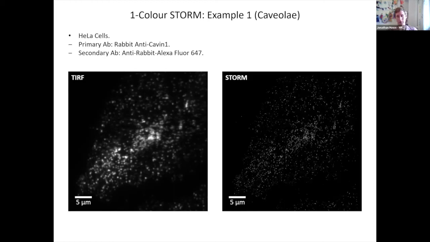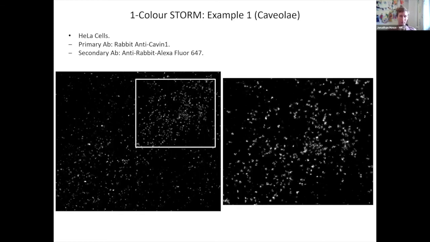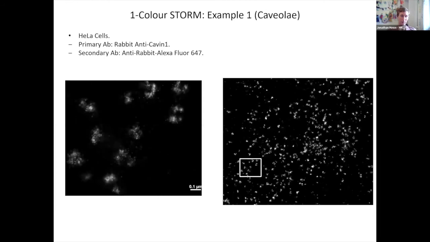And the STORM image looks like this. And hopefully you can see that the dots are quite significantly smaller. And we can blow them up. And we can just keep on blowing up this image. And eventually what you see is the individual caveolae. And they form this kind of cup shape. It's like a C shape. And this is the caveolae sort of pinching off the membrane.